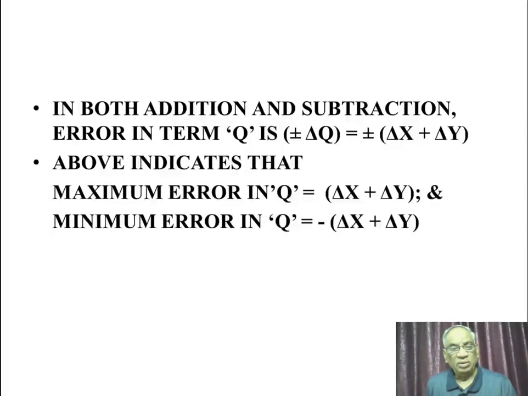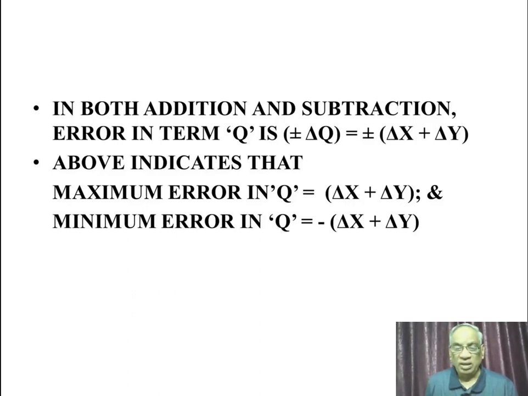Here one thing you have to notice is, in both terms we are using plus minus signs. So if you take only the plus terms, plus delta x and plus delta y, then the error obtained in the q term will be the maximum error. So the maximum error in the measurement of q is equal to delta x plus delta y. Again the sum only, but on the positive side.